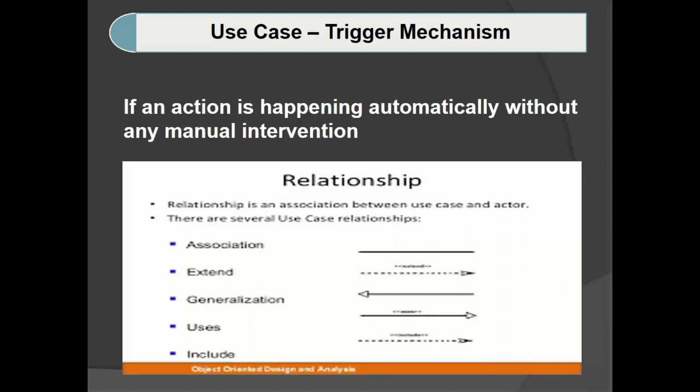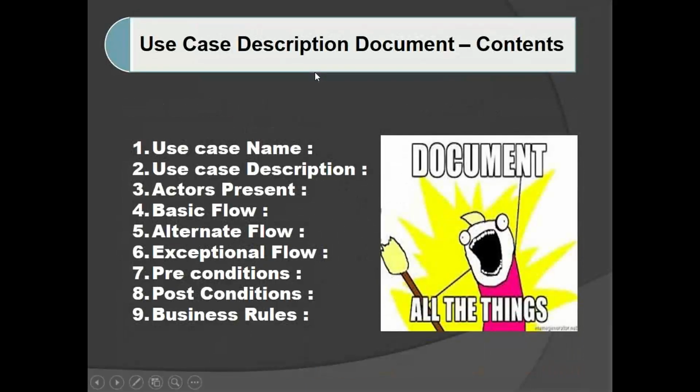Okay. Now coming to the use case description document, this is mandatory. So for each and every project, we are going to write a use case description document. Okay, so this we are going to write separately, or we are going to include it in the SRS document. This use case description document explains about a particular use case, how it is going to function, what are the features.